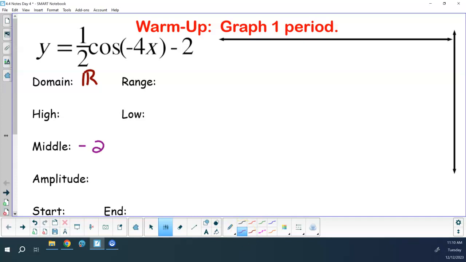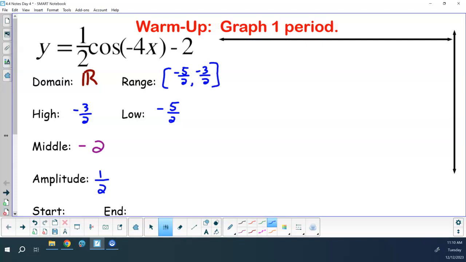It's got an amplitude of 1/2, which means it goes up to -3/2, and it goes down to -5/2. Yes? And fractions are much cleaner than decimals. Okay? So my range would be -5/2 to -3/2.